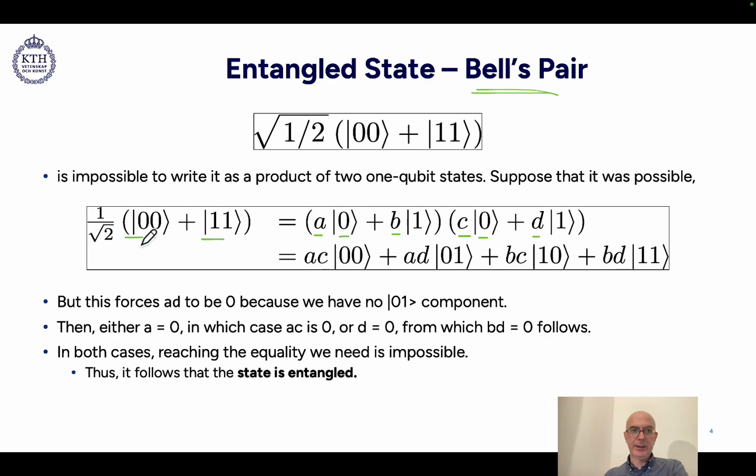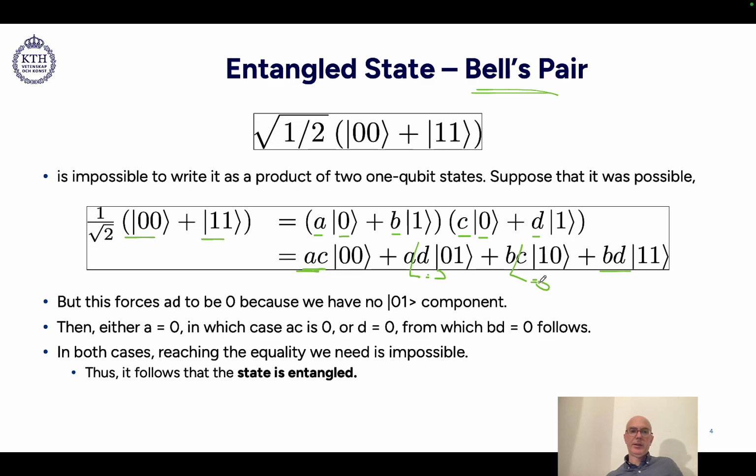The only states that are different from 0 are these ones, so ac must be different from 0, and in the same way bd must be different from 0. On the other hand, we do not have the states 01 and 10 here, and therefore these two terms must be equal to 0: ad must be equal to 0, and bc must be equal to 0.